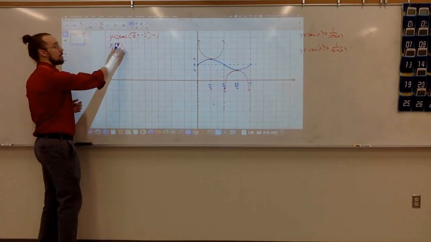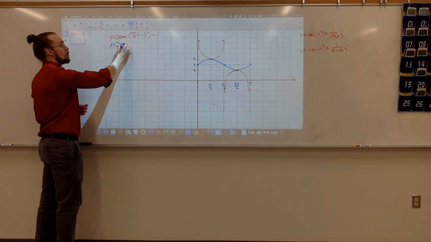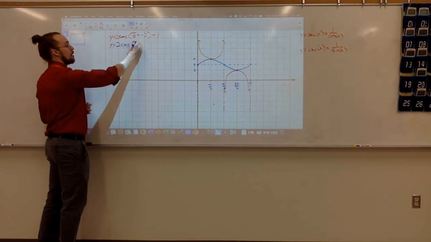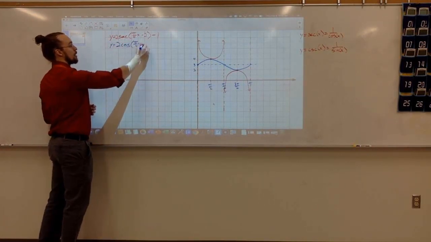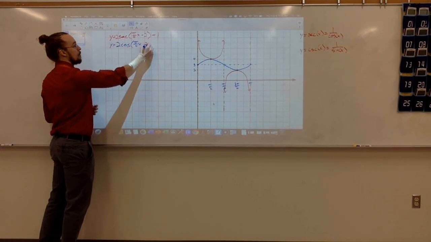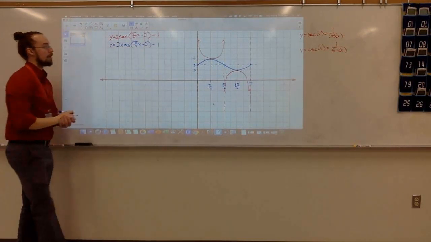So what this really means is we first want to graph 2 cosine of pi over 4x minus 2 minus 1.